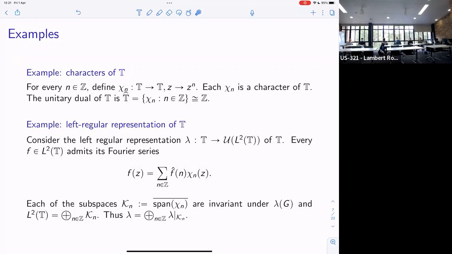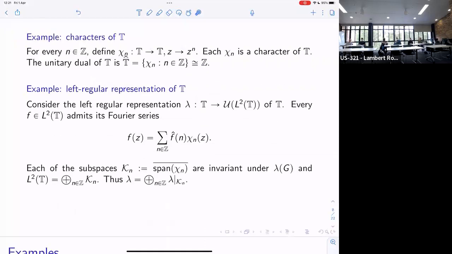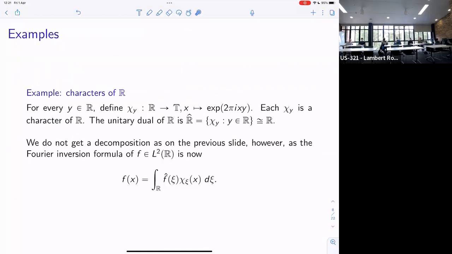So in particular, the left regular representation of the torus decomposes as a direct sum of irreducibles. But when we go to a non-compact, locally compact abelian group, for instance R, the irreducible unitary representations are still characters of that group.